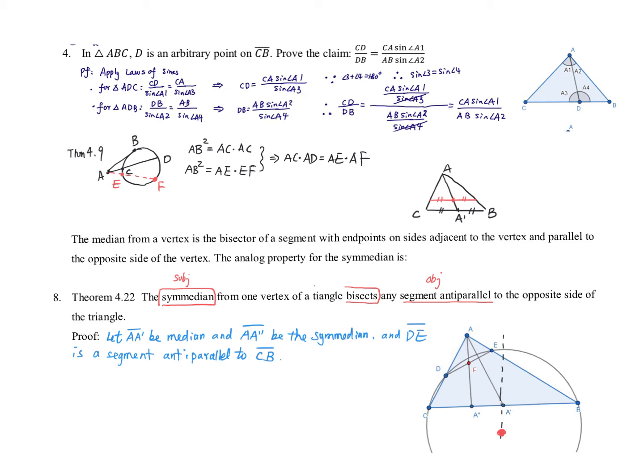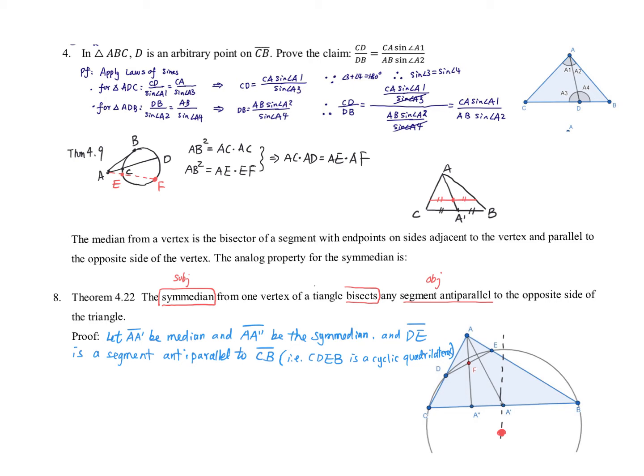This usually doesn't have to be in the proof. In other words, CDEB, this quadrilateral, is a cyclic quadrilateral, so that you know what antiparallel means.